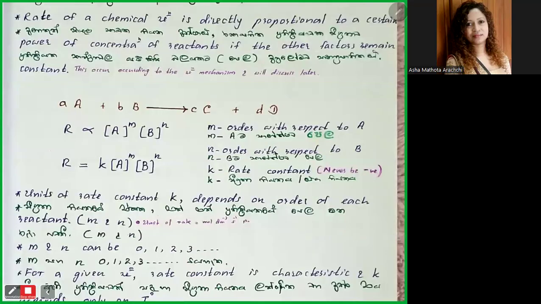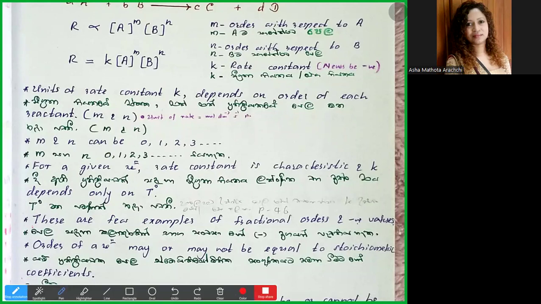So anyway, if we go more about these orders, they can be 0 to any of these 1, 2, 3, 4 integers. It can also be negative, and it can also be fractions as well. Rate depends on temperature, and the rate constant also depends on the temperature.